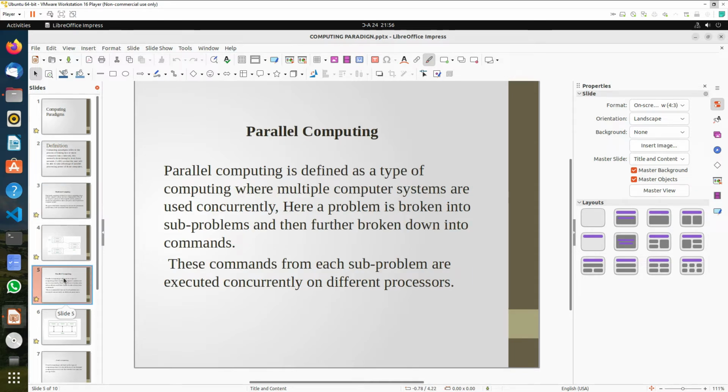Now parallel computing is similar to distributed computing, but with parallel computing you do not need standalone computers, the way in distributed computing you need standalone computers so that you link them together and compute together. In parallel computing, that is not the case.